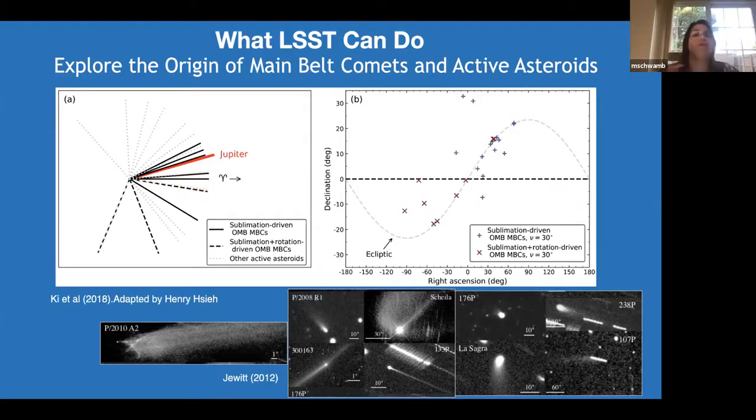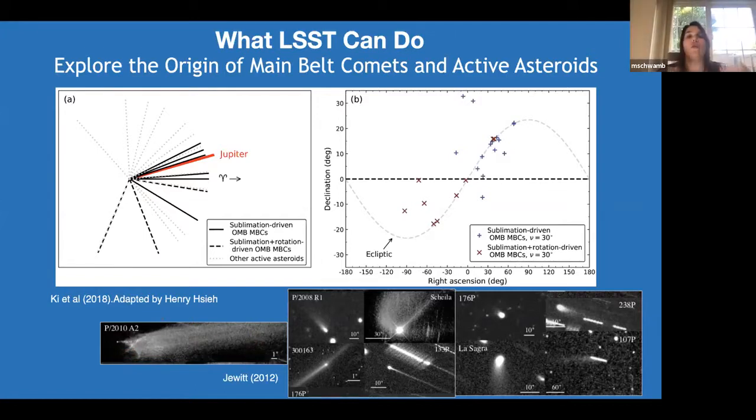There's only about 12 to 15 known main belt comets, but LSST is going to find an order of magnitude more of these, and things like this object here that looks like it was a collision. You sort of see this X feature. And so the thought is that there's some object that hit it and produced the dust tail.